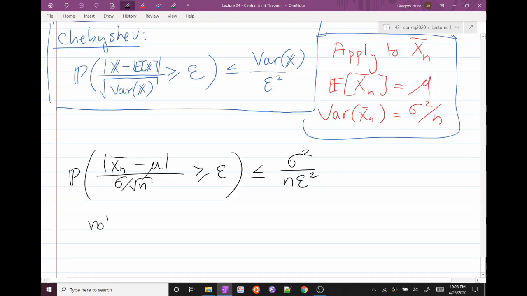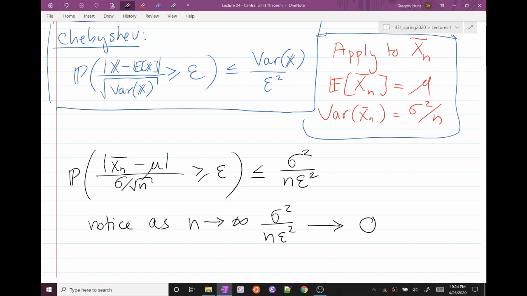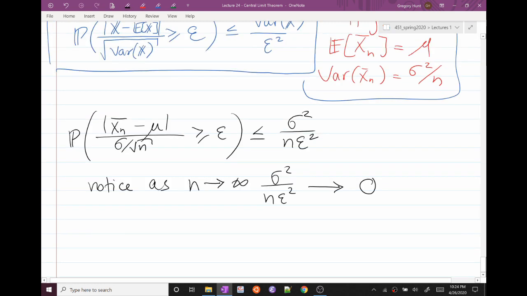And notice that as n goes to infinity, sigma squared over n epsilon squared goes to 0. Sigma squared is fixed, epsilon is some choice, and it just decreases like 1 over n. So why is this useful?